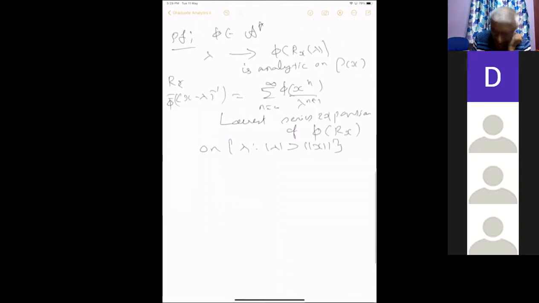But you know that if we have a Laurent series which is true in this region, which can be up to infinity also, then the Laurent series is unique.